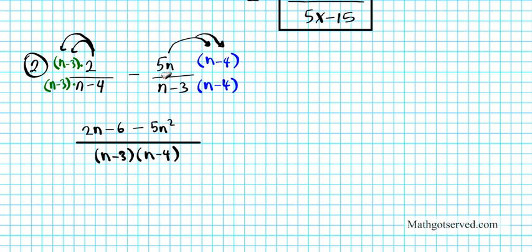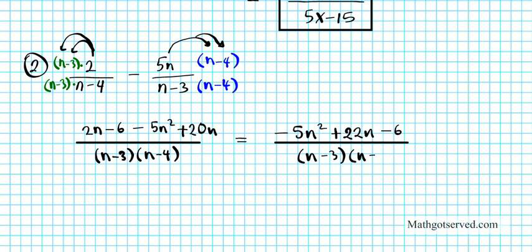And then minus 5n times 4 is positive 20n. We combine like terms. Starting with the biggest degree, we have negative 5n squared. And then if we combine 20n and 2n, plus 22n minus 6, and then that divided by the denominator, which is n minus 3 times n minus 4. And there you have it.